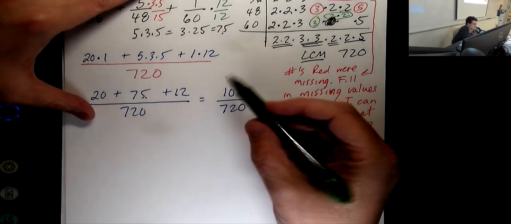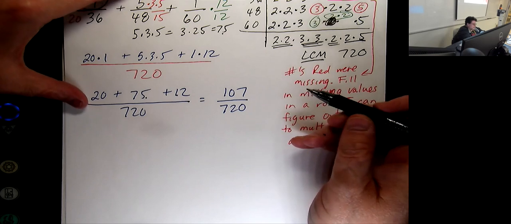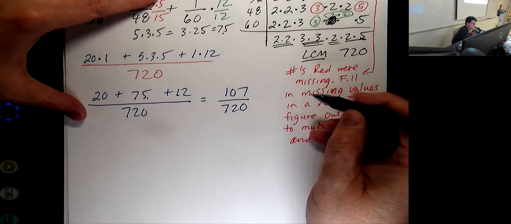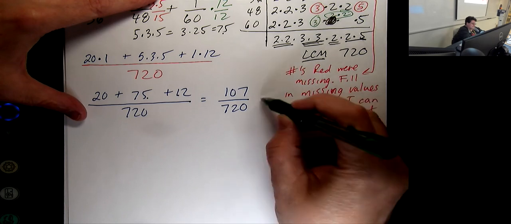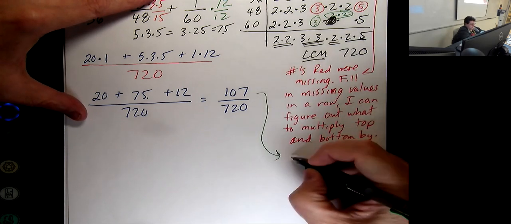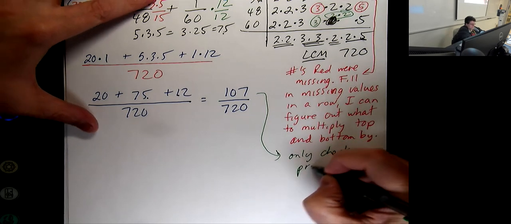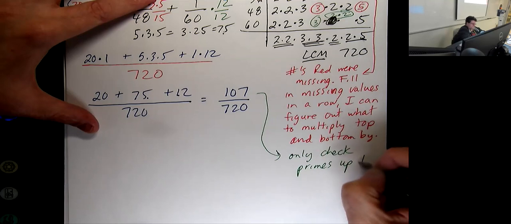How high do I gotta go on prime numbers until I can say, nope, no more divide into it? I know that because 9 times 12 is 108. Only check primes up to the square root.